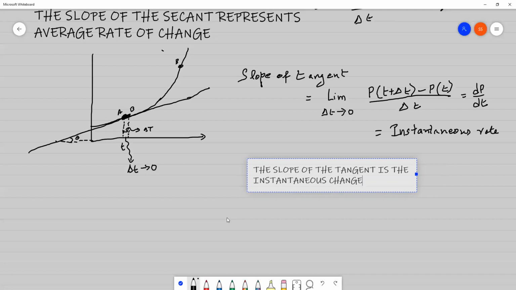The slope of the secant is the average change, and the slope of the tangent is the instantaneous change. This is the most important thing for you to understand.